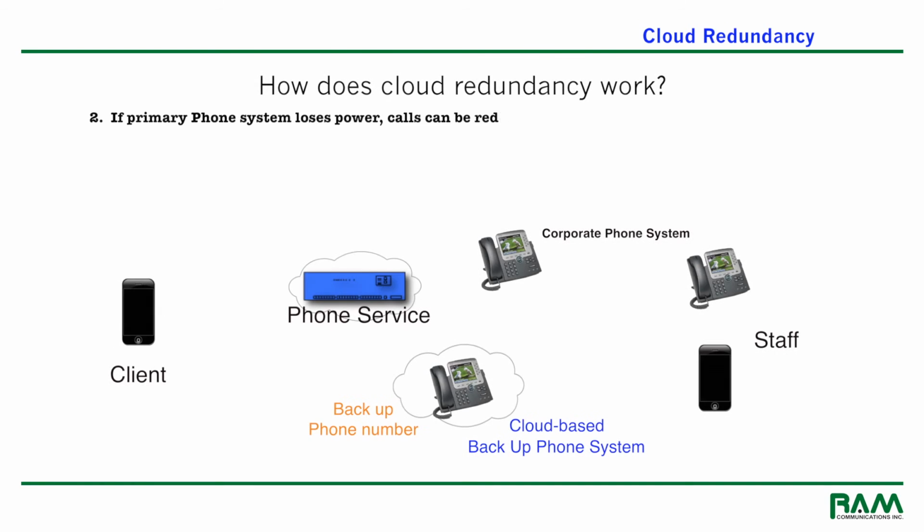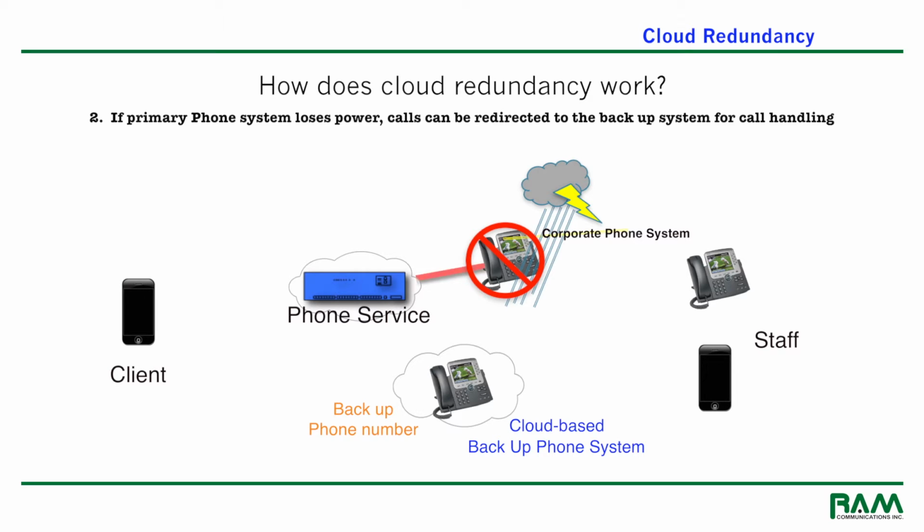The second scenario we want to highlight is the power loss scenario. And power losses usually are the most difficult problems to overcome. After all, how do we overcome a loss of power to the phone system?